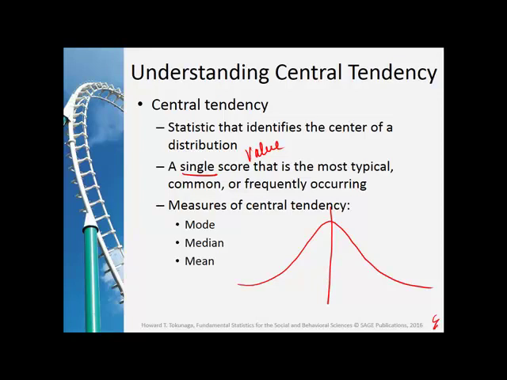So if we were all here in person today, one of the things that I would use as a measure of central tendency is when we roll dice. Now, when we roll a pair of dice, the most common outcome is 7.